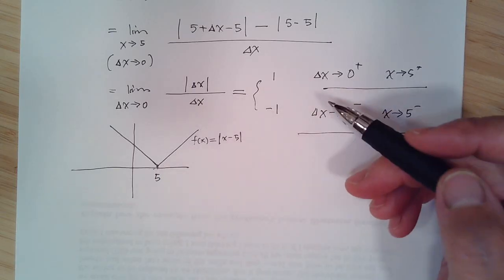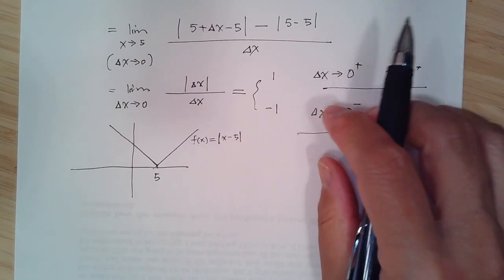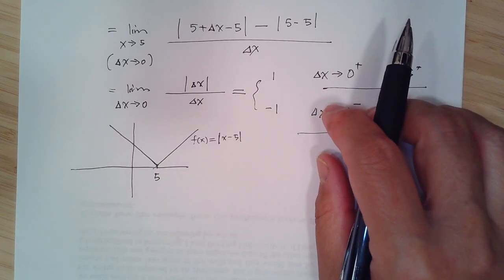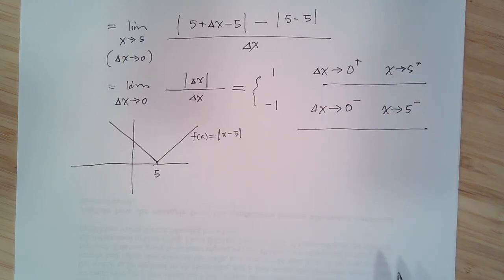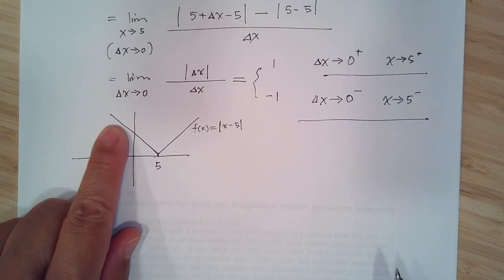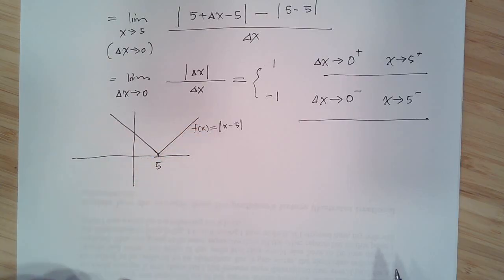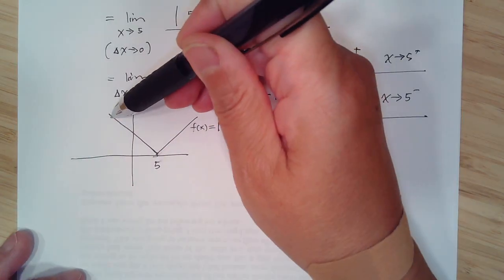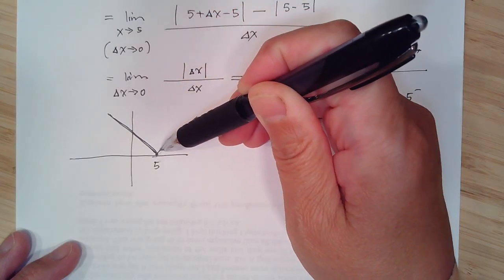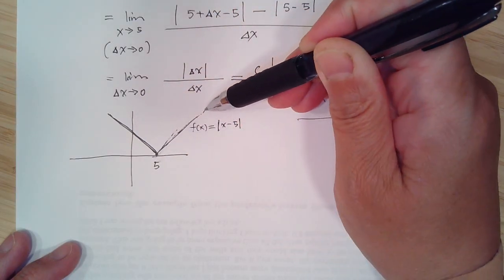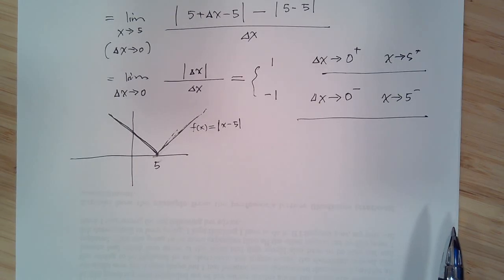Nope. So this is one example where you can see the limit does not exist. Is this function continuous? Yes. See, you can keep your pen on the graph without lifting it. Sounds good?